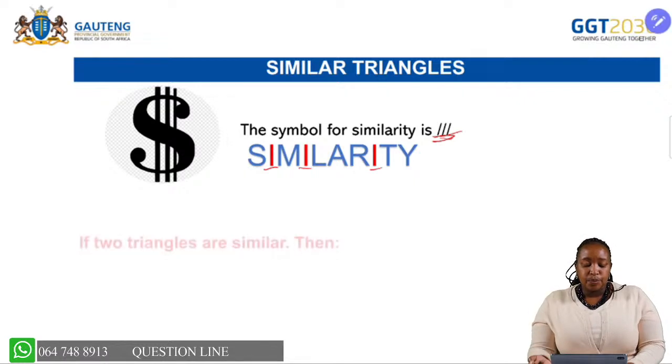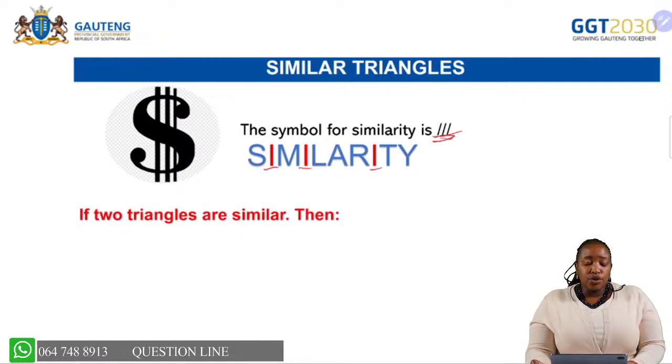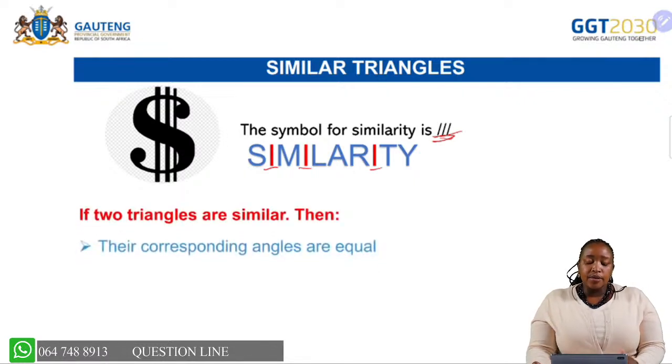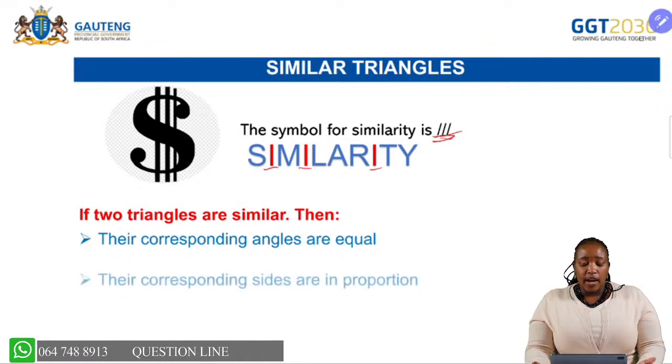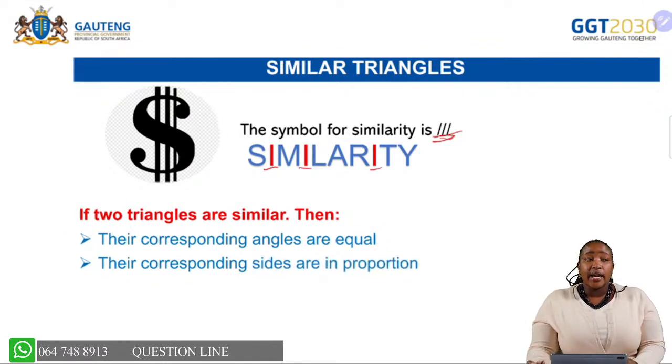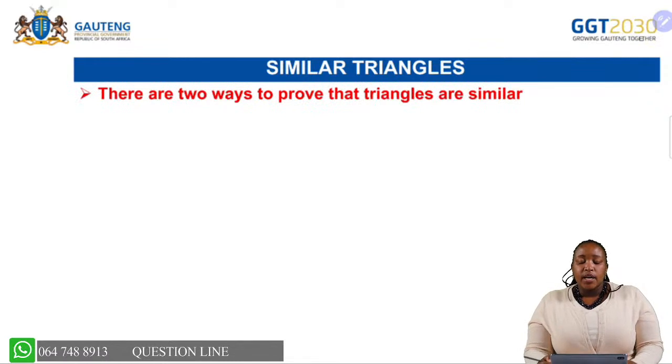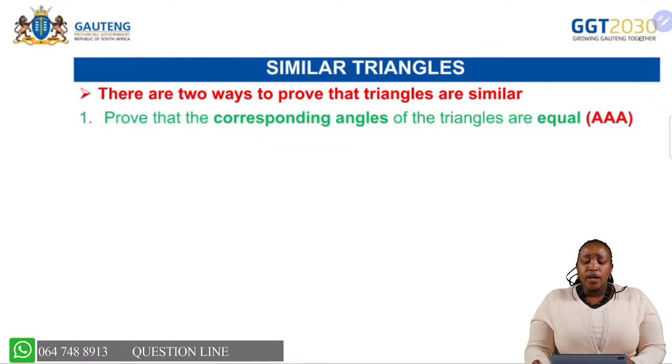If two triangles are similar, then their corresponding angles are equal and also their corresponding sides are in proportion. There are two ways to prove that triangles are similar. The first one, you have to prove that the angles are equal. The angles on the left triangle are equal to the angles on the right triangle.